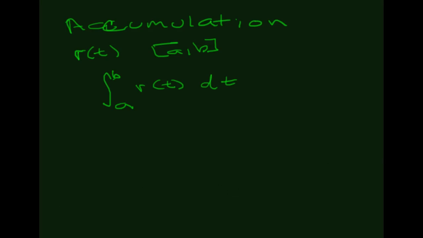So let's give this a very practical application. Let's say that water is leaking out of a tank at a rate of the square root of t plus 1, and it's doing this for 3 minutes.